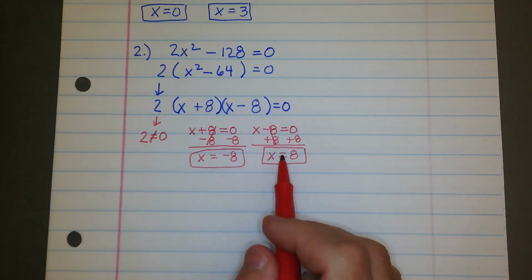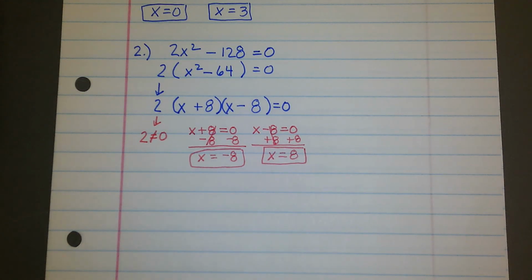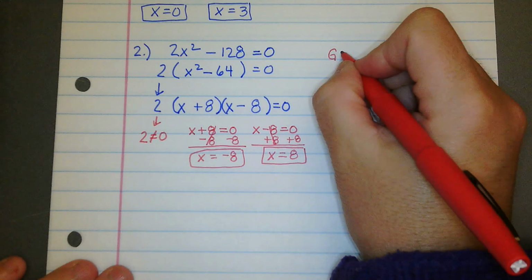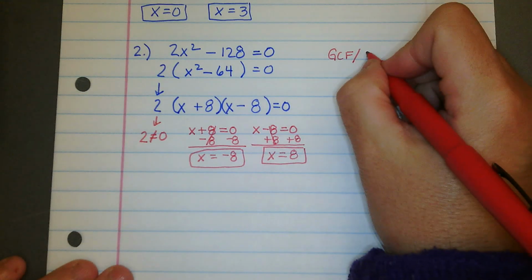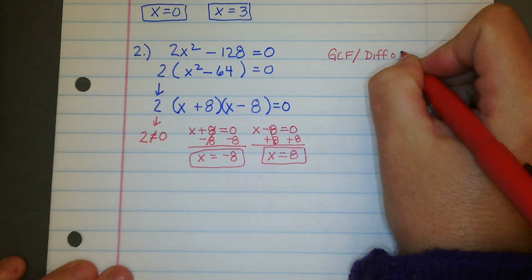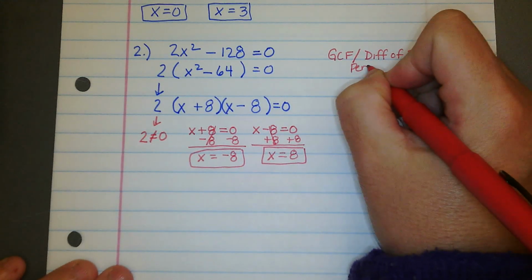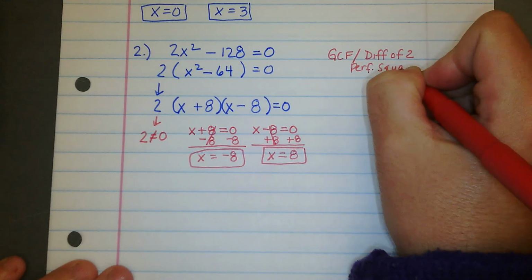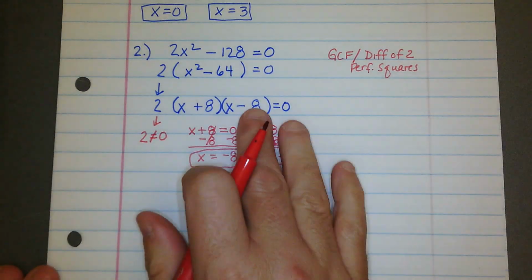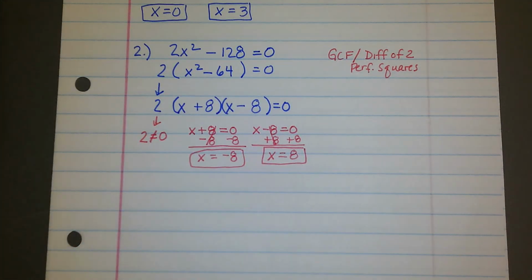Those are the solutions, the roots, the zeros. So this was a GCF, difference of two perfect squares. Factoring. Keep looking for those snipers because they're hidden.